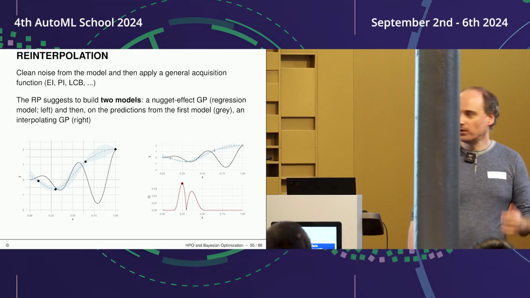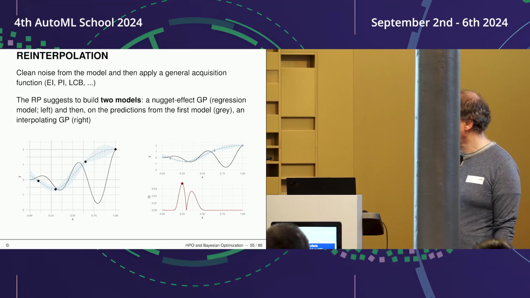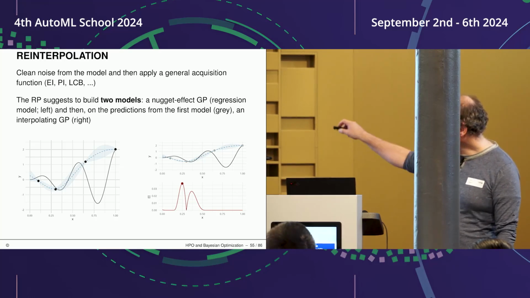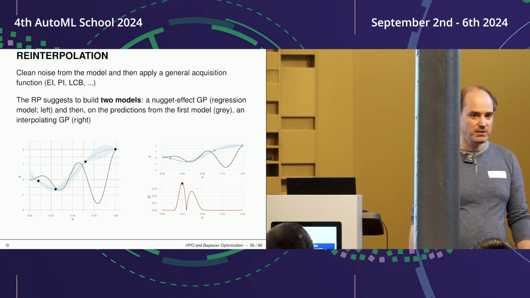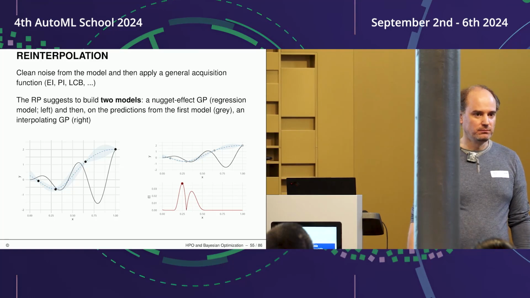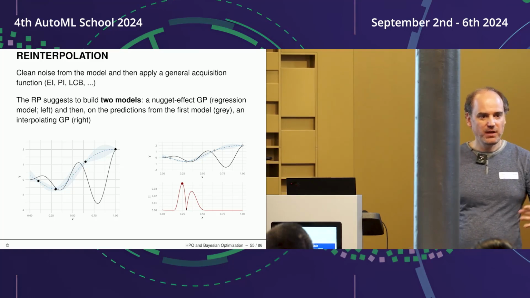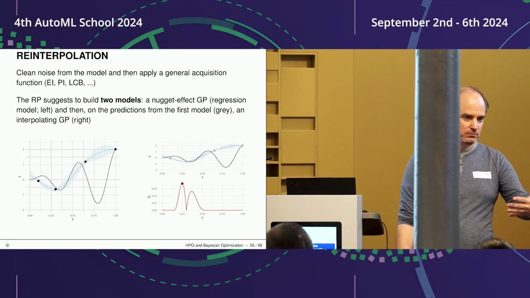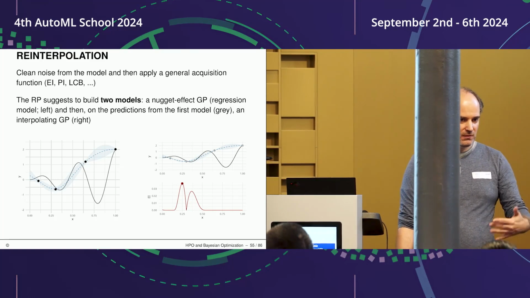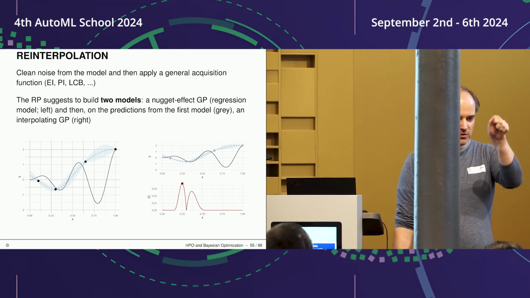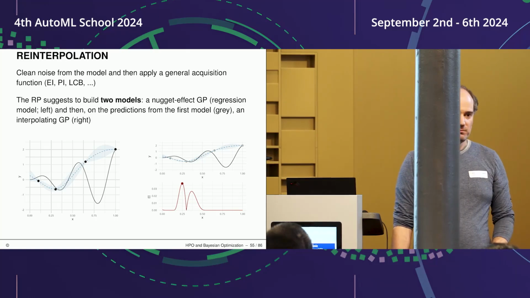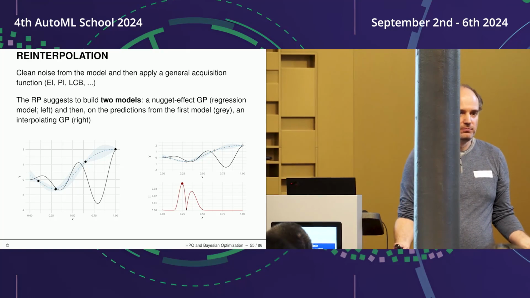You actually build two models. You build a regression model with your Gaussian process with a nugget effect, to smooth out the noise, so to speak. Now you have that model predict on the archive, on every point in the training set, and you exchange y, the true labels, with y hat, which gives you a smooth version of your data.